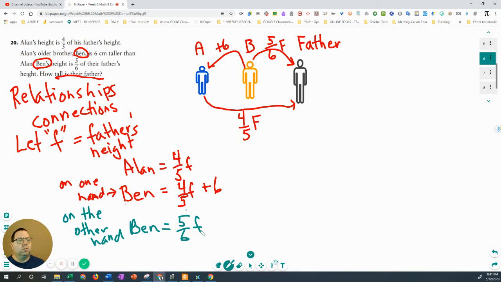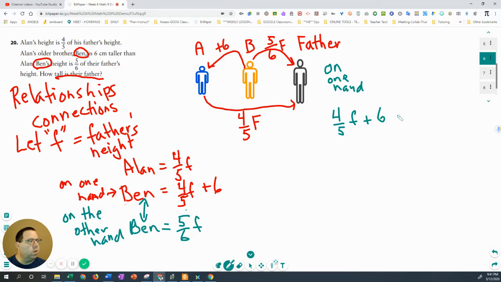Okay. So really, we've got two ways of making this relationship between Ben compared to himself. That's kind of the key. So let me write it over here, in terms of an equation. On one hand, Ben is 4/5 of his father's height.